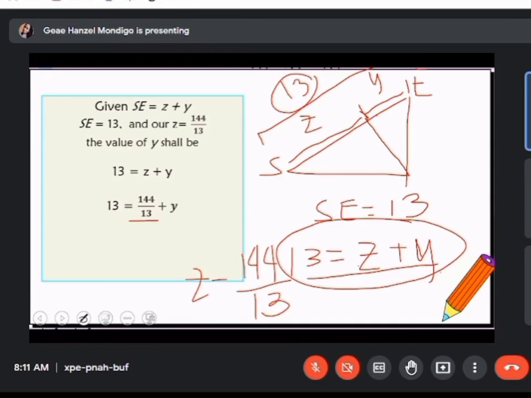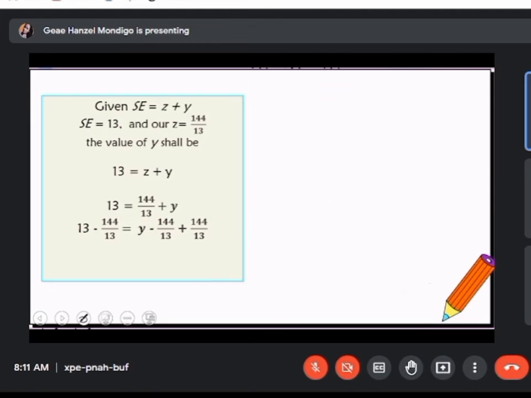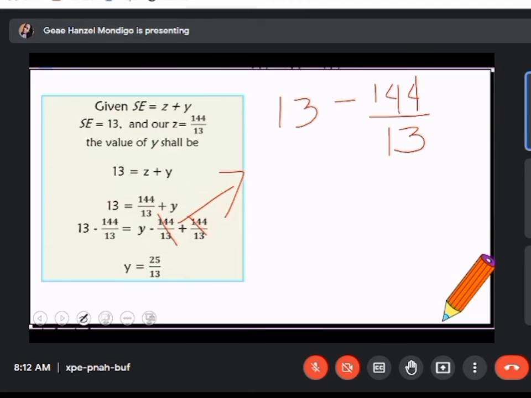So we are going to subtract both sides by 144 over 13. Why do we need to subtract both sides by 144 over 13? This is to cancel this one so that only y is left. Right? So, we get now 13 minus 144 over 13 is equals to 25 over 13.